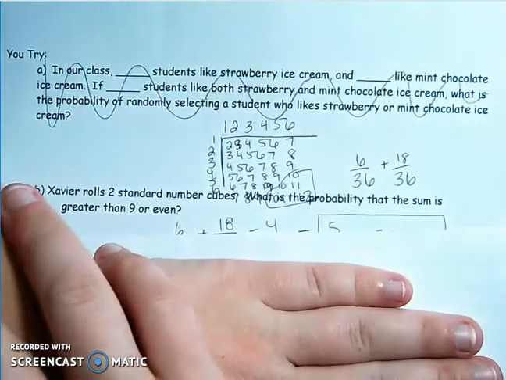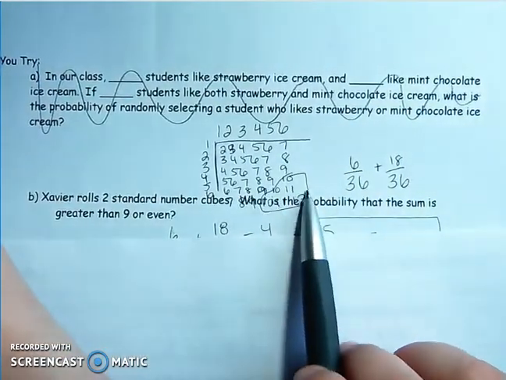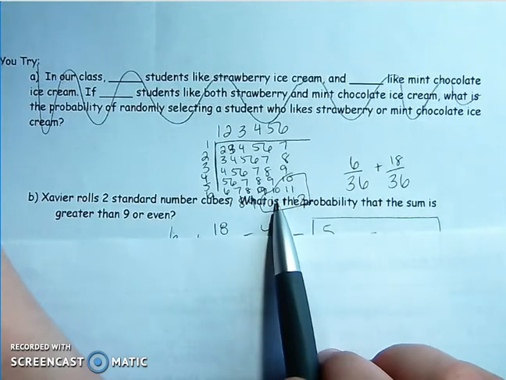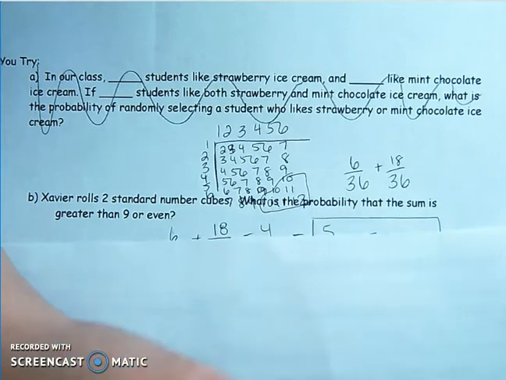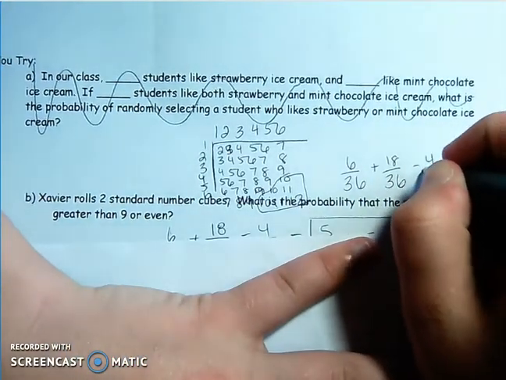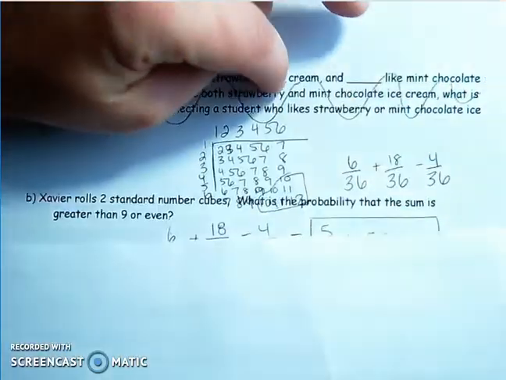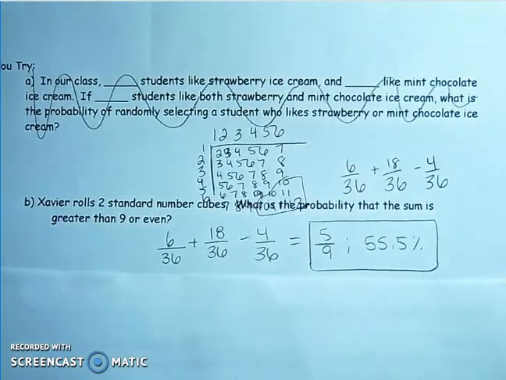And then we ask ourselves, are any of these that are greater than 9 also even? Well, these 10s and that 12 are even. So I have to subtract out that overlap of 4. So this problem is 6 out of 36 plus 18 out of 36 minus 4 out of 36, which reduces to 5 out of 9, or 55.5%.